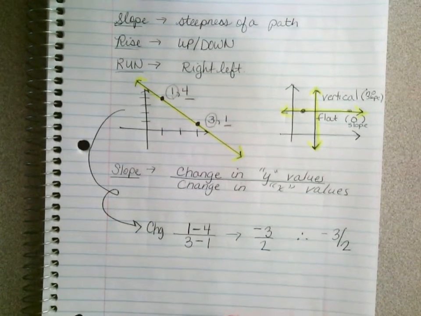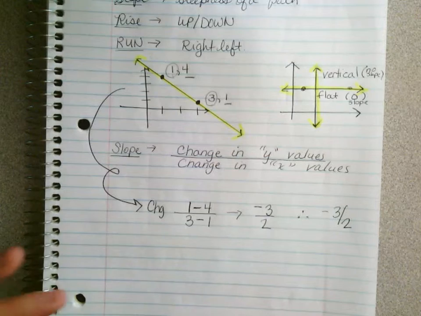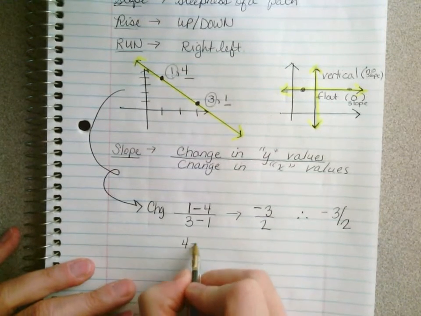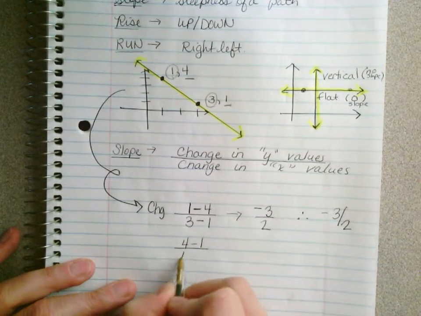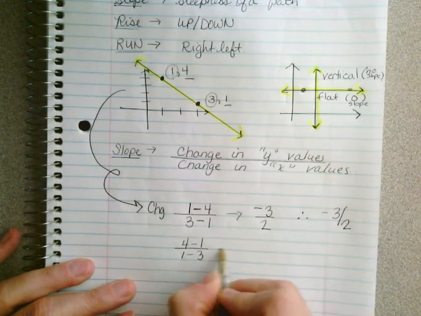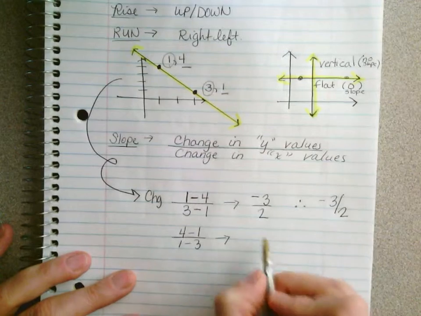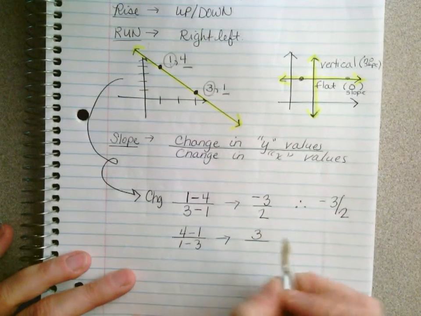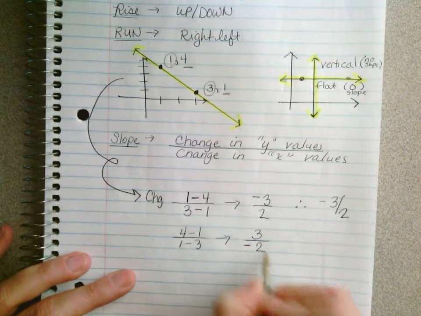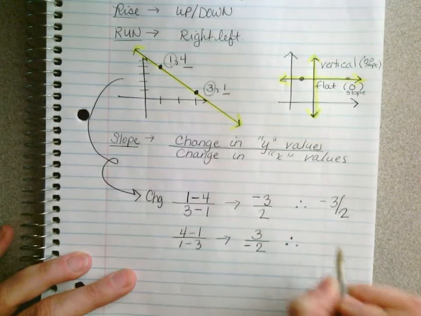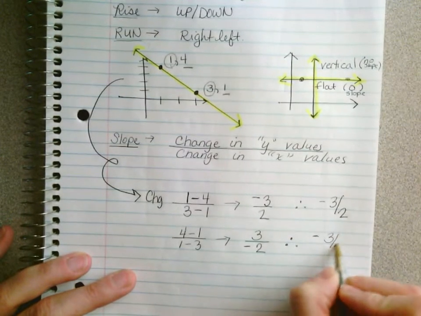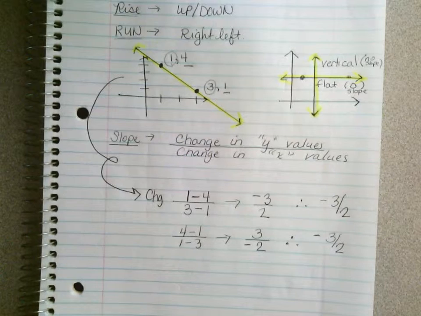Okay? What if you did it the other way? What if you did 4 minus 1 over 1 minus 3? Would you end up with the same slope? You sure would. Even though you might look at this and say, well, wait a minute, it's 3 over -2. It still makes it a -3/2. Bravo.